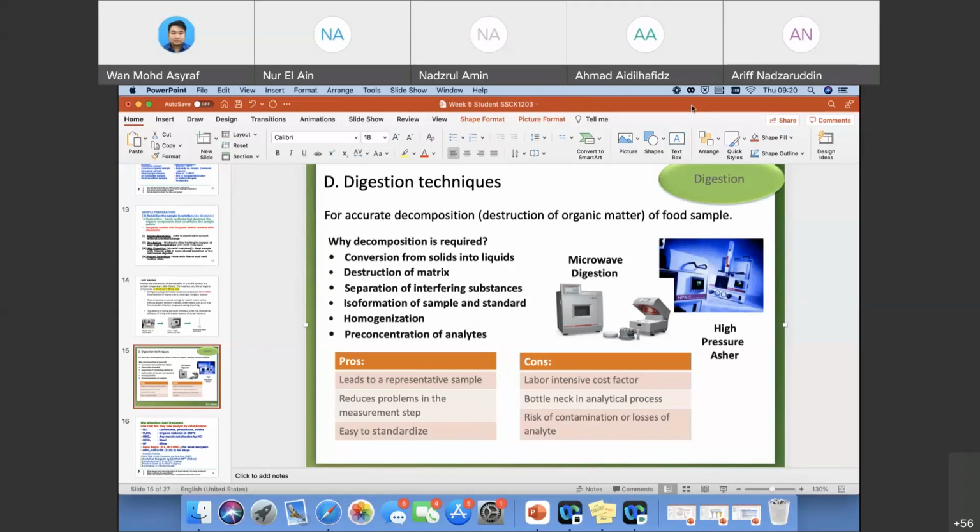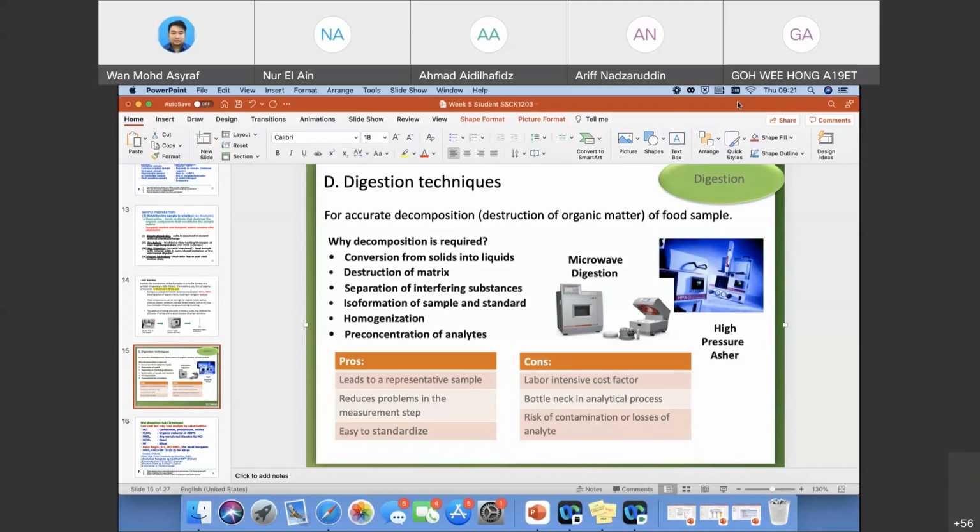Anyone else? Any other ideas? What does it mean by pre-concentration of analytes? Doctor, maybe just a way to increase the amount of analytes.